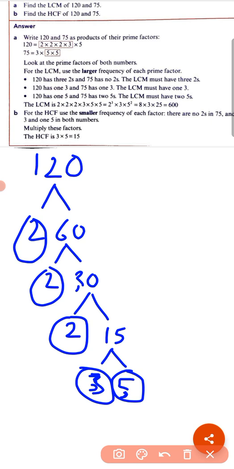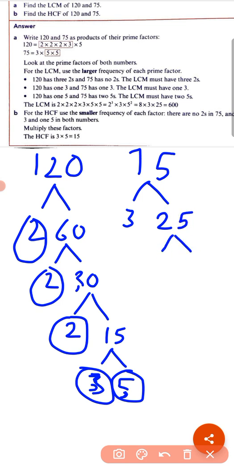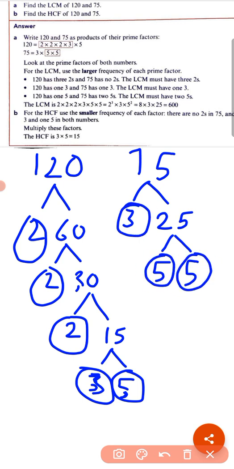Next 75. 75 can be split as 3 into 25. Again 25 can be split as 5 into 5. So here 3, 5 and 5 are the prime factors of 75.